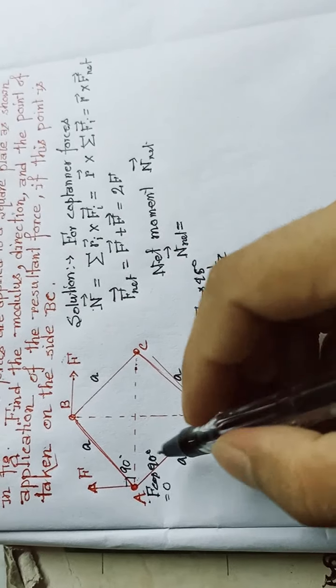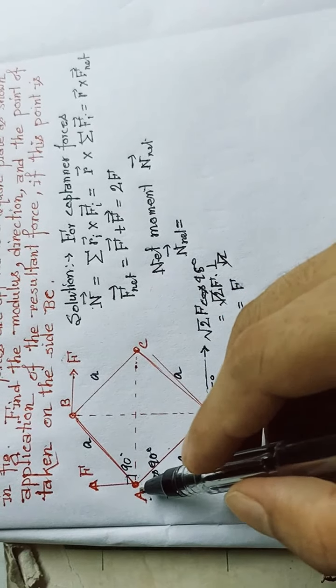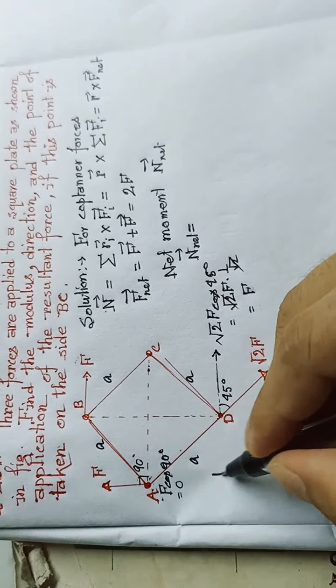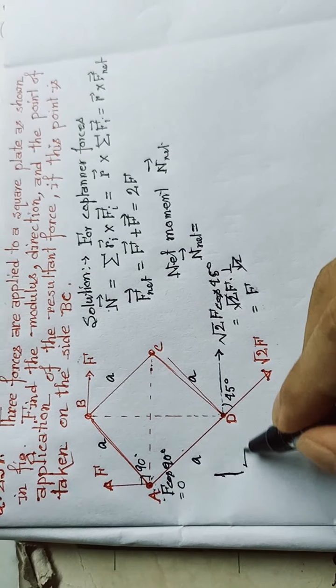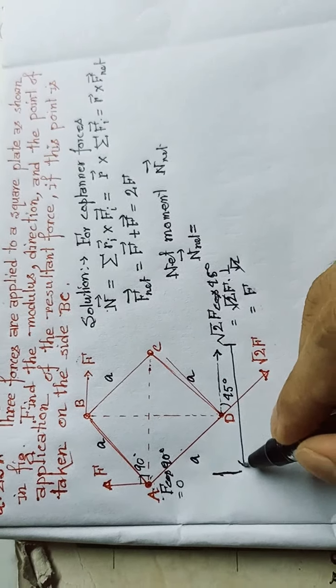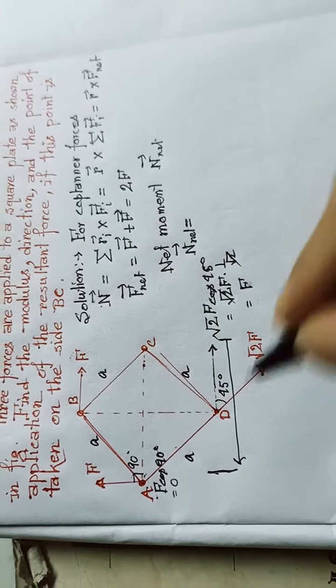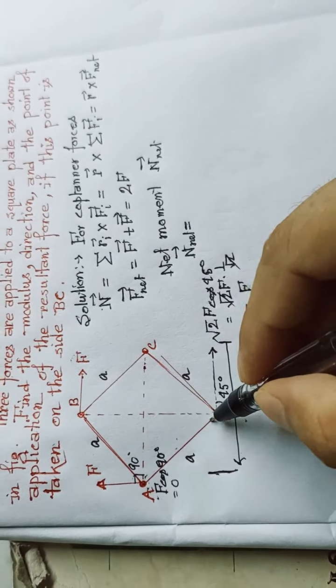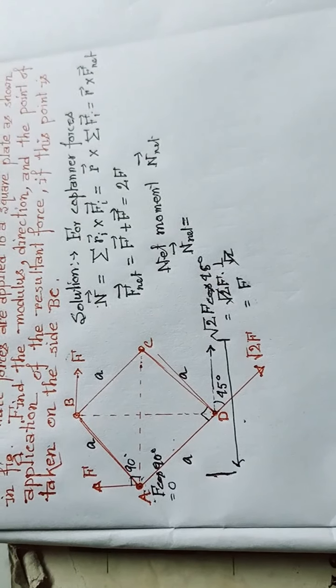So for the force which is acting on point A, its corresponding arm length is equal to this length. So this is nothing but the length of the diagonal. The length of the diagonal of this square is equal to under root A square plus A square, because these two lines are perpendicular.